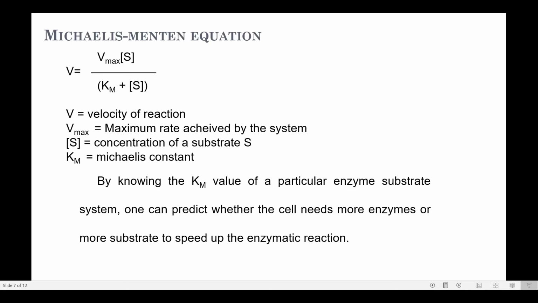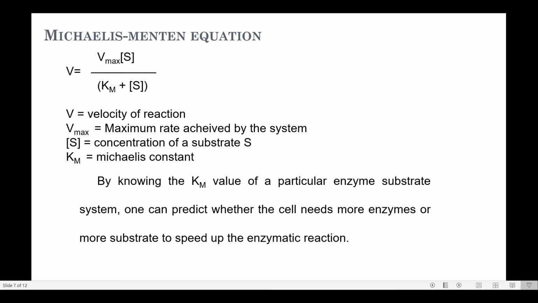Coming to the Michaelis-Menten equation, Michaelis and Menten proposed that the enzyme catalyzed reaction involves the reversible formation of an enzyme substrate complex. That is, the ES complex breaks down to form free enzyme and one or more products.